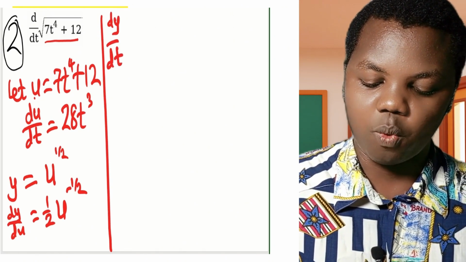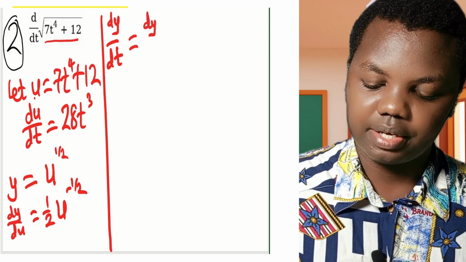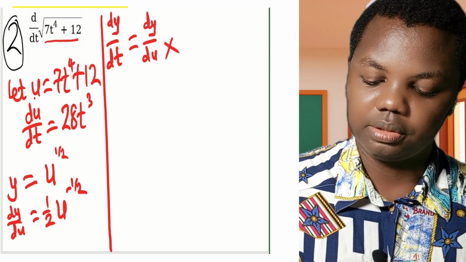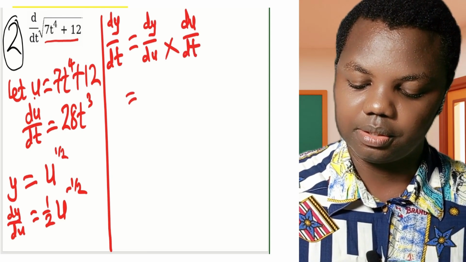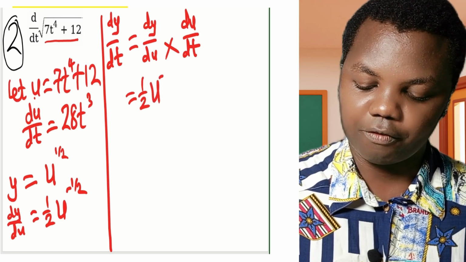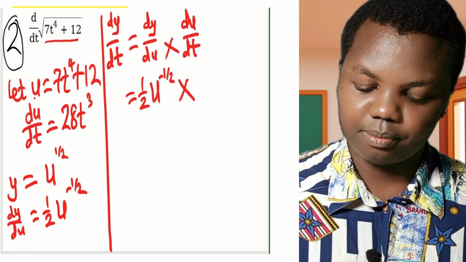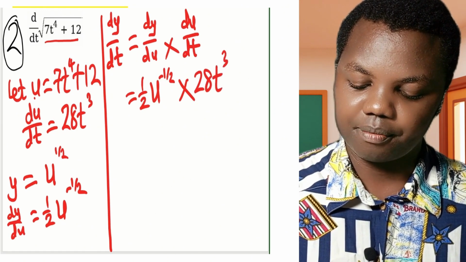So in this case, dy/dt becomes dy/du times du/dt, which is half u to the power of minus half multiplied by 28t to the power of 3.